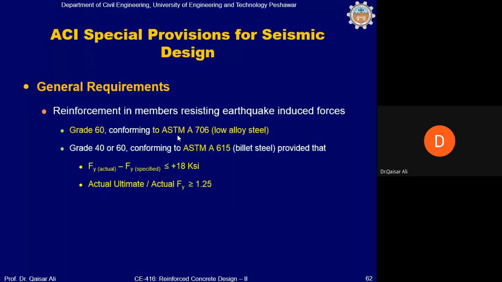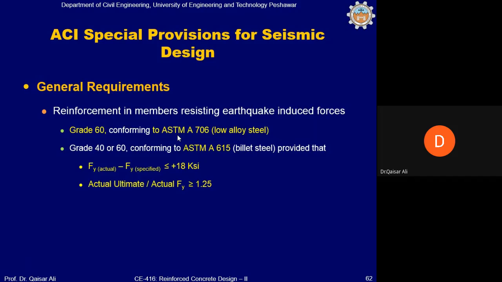Now, the other requirement of the code is that actual ultimate divided by actual yield shall be more than 1.25. By this, we mean that if you test a steel bar of grade 60 in the lab, and the ultimate strength of the bar comes out to be, let's say, 90 KSI, and the actual yield comes out to be, let's say, 65.